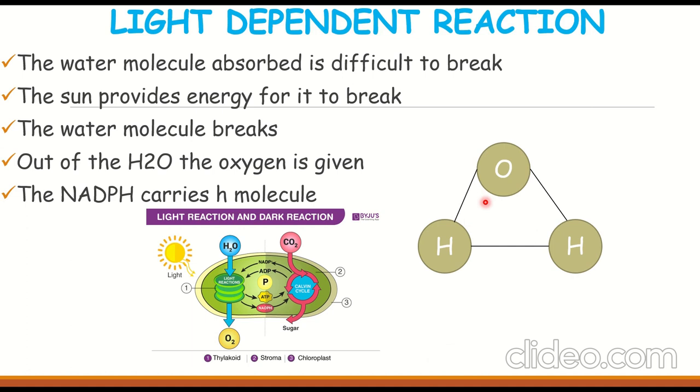The sun provides energy for it to break. Now if this water molecule is broken, it has atoms of oxygen and hydrogen. The oxygen is actually a waste product, only the hydrogen is required. So this oxygen is removed out by stomata, and this oxygen is really important for us to break down the food the plant gives. It's actually a waste product for the plant.